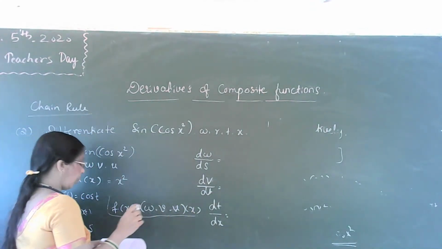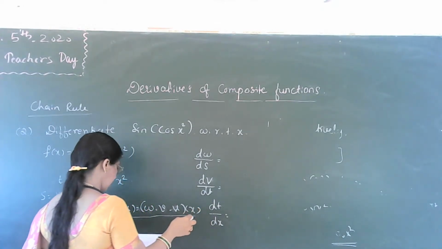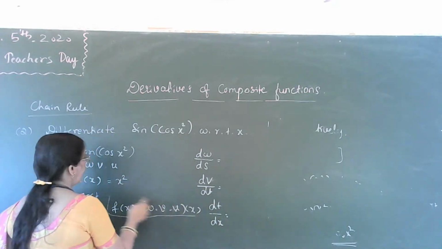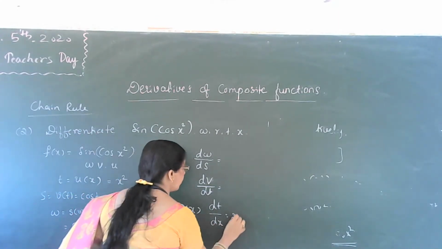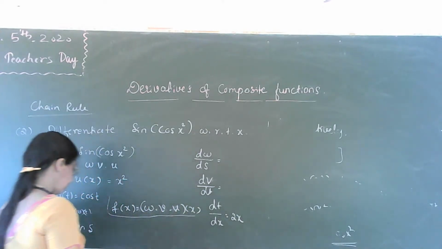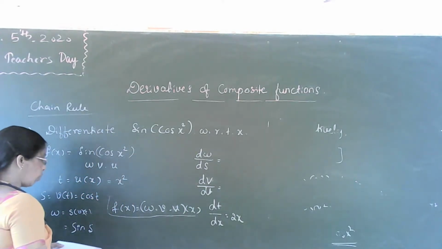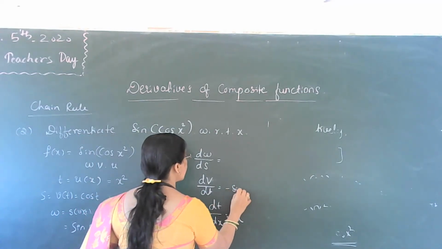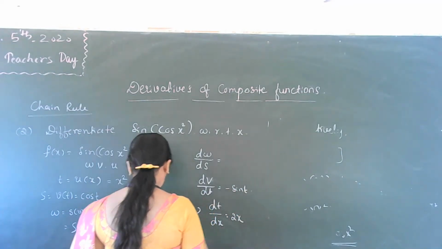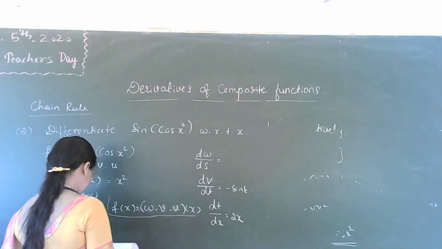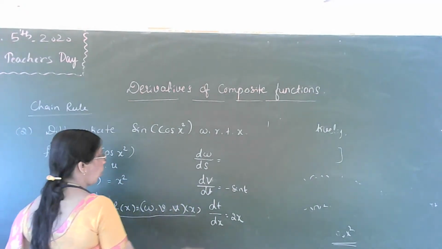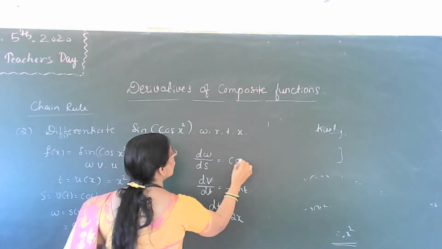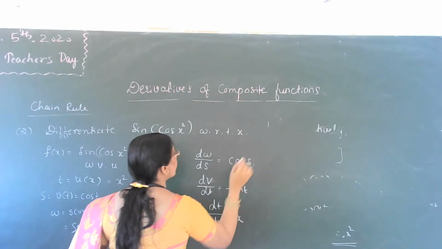First we write dt by dx is equal to 2x, and v of t is equal to cos t. Derivative of cos t is equal to minus sin t, and derivative of w is equal to sin of s is equal to cos of s.